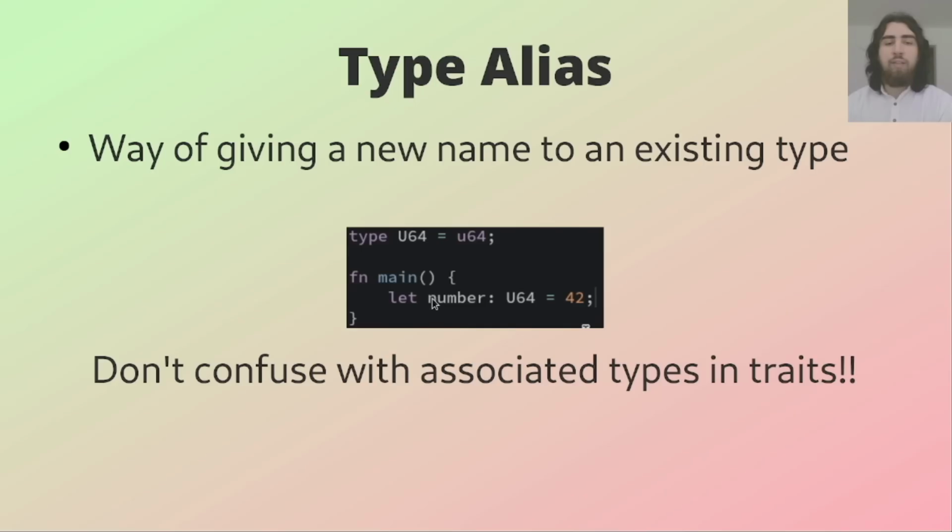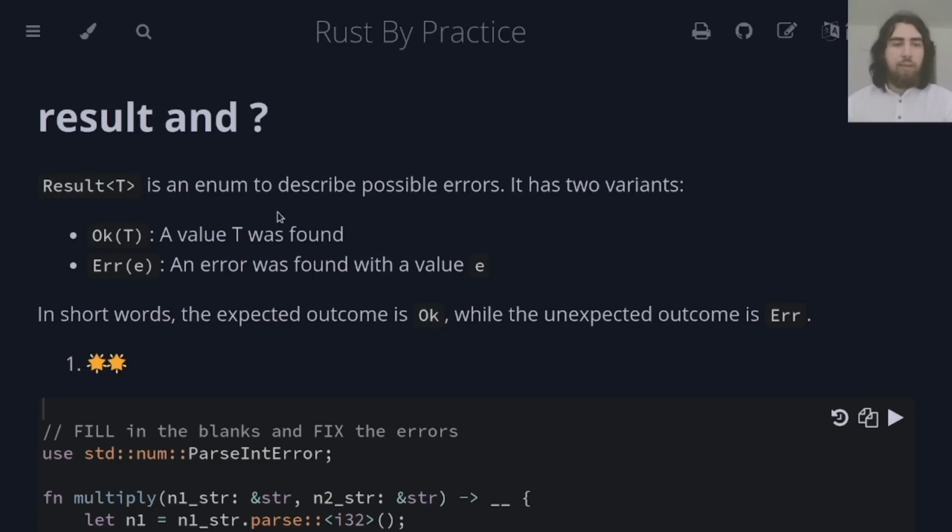And as you can see over here, we are then using the new type we have created here. And this would at compile time then be replaced with the real type. And please don't confuse that with associated types in traits. They are different, okay? Let's see.